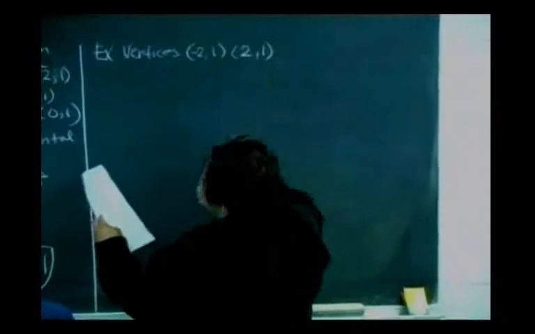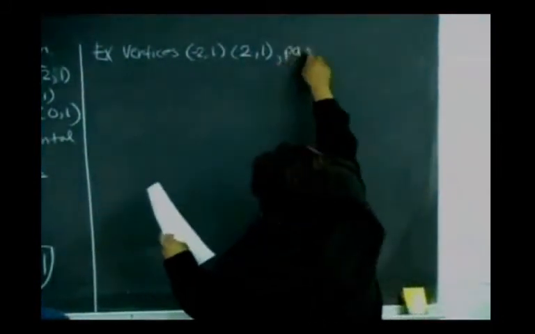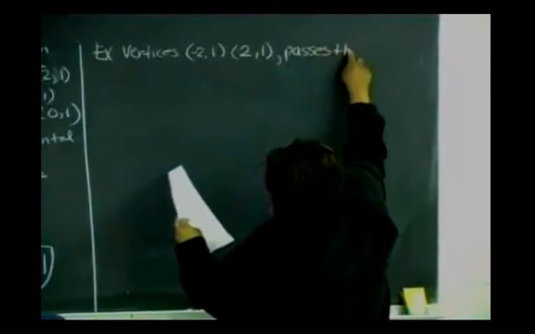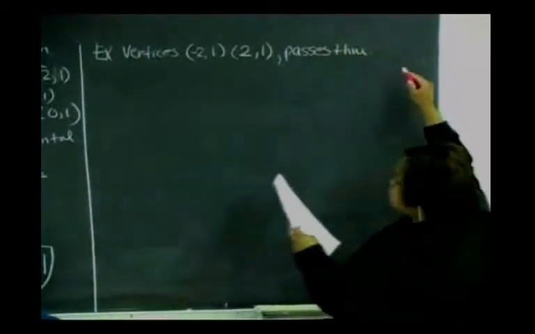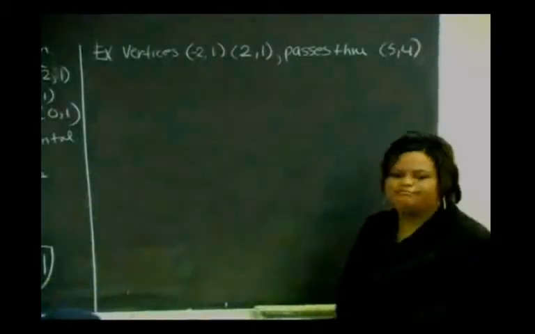Suppose we're given again that the vertices are negative 2, 1 and 2, 1, and that this hyperbola passes through the point 5, 4.